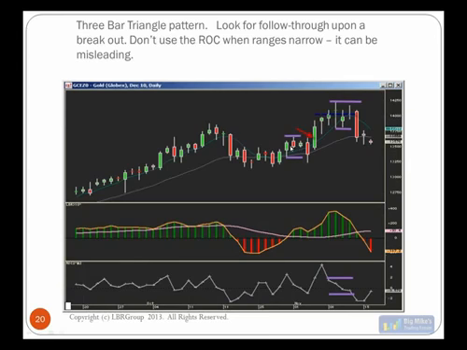But here was a case where we had a downside breakout of this 3-bar triangle. We actually came back up off our lows, but even if you had held this trade overnight, the mere fact that we gapped up so much the next day and took out the high showed that this was a failed breakout to the downside.